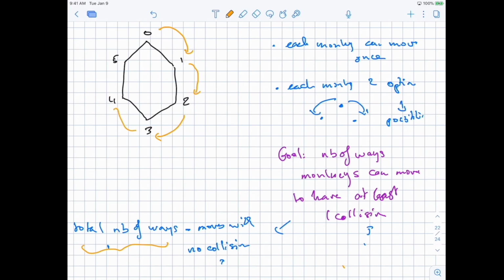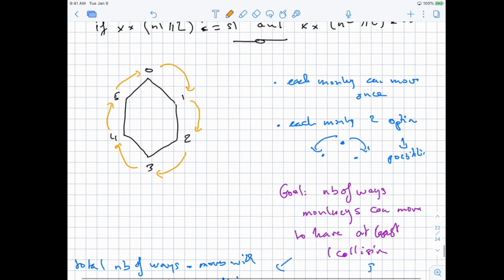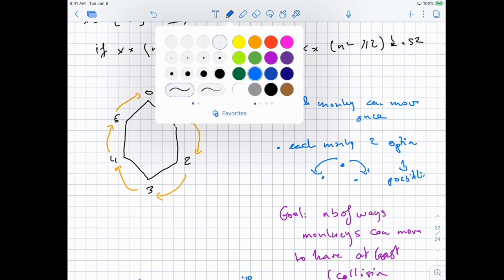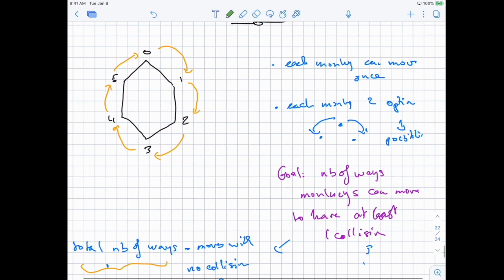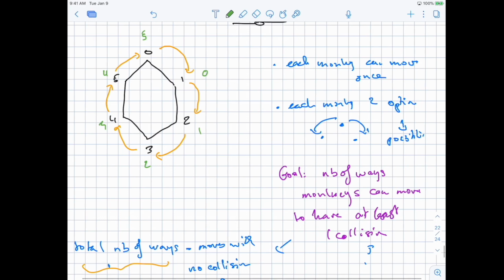And then 3 moves to 4, and then 4 moves to 5, and then 5 moves to 0. So we end up with basically each monkey moving to the next vertex in a clockwise direction. We would end up with 5 here, 4 here, 3 here, 2 here, 1 here, 0 here. Okay, so that's one possibility.